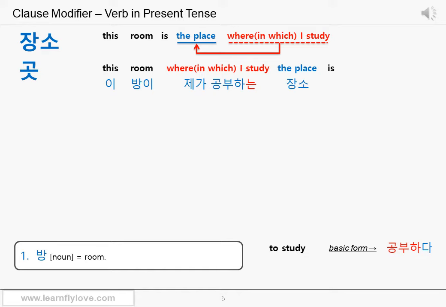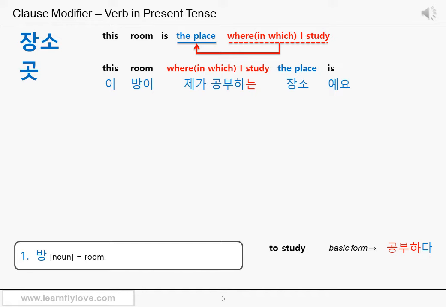As we've just learned, let's use the direct translation of place. 장소. is. The former block 소 of 장소 doesn't have a final consonant, so you should use 예요 rather than 이에요.